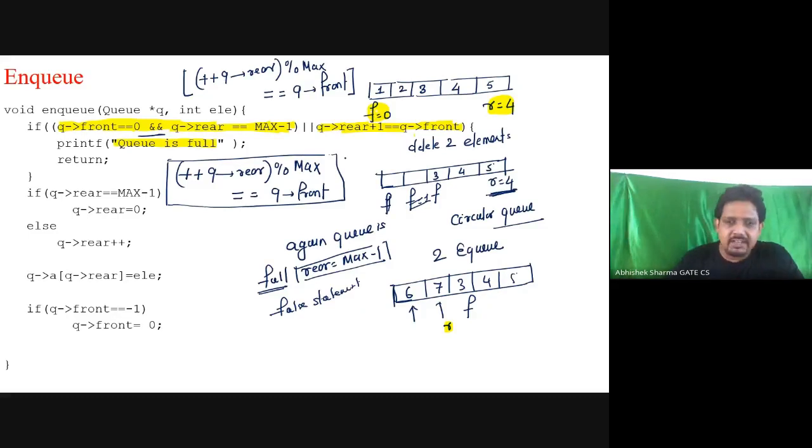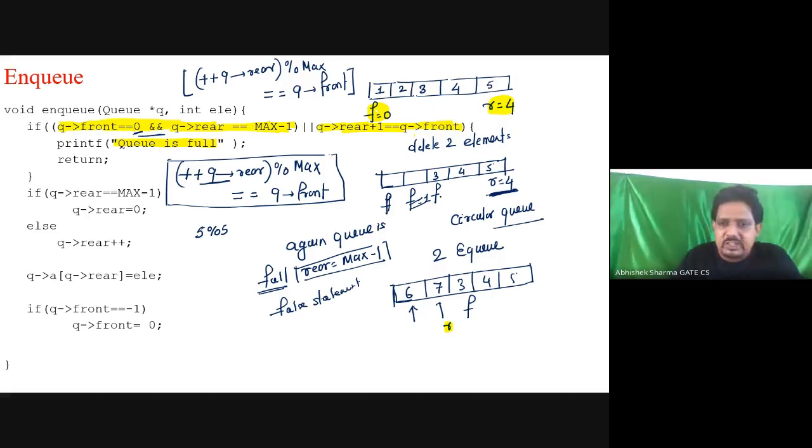So see here, if the rear is pointing at 4, then I'll first do rear plus plus, and in that case 4 will become 5. 5 modulo 5 will become 0, and queue pointing to front is at 0. Okay, so checking this thing, right, max minus 1.